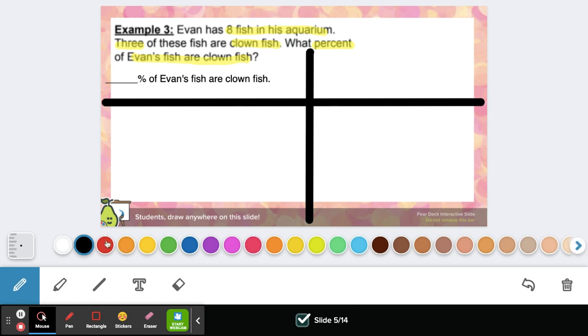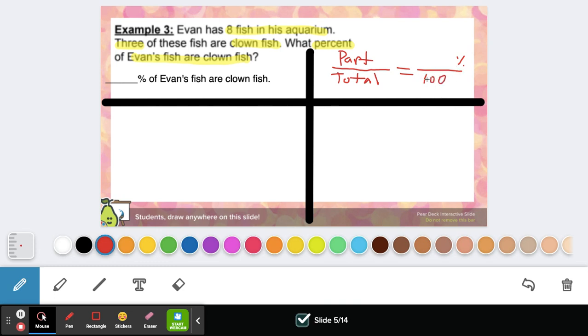Okay, so now we have to set up our plan. So here our plan is to do part over my total equals blank percent over 100.